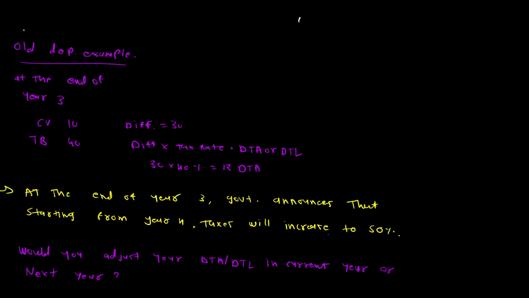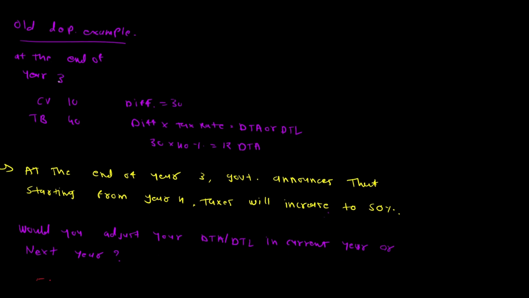The old depreciation example: at the end of year 3, my carrying value in the accounts book is 10 and the tax base is 40. The difference is 30. So 30 into the tax rate, I will get the DTA. So 12 is my DTA at year 3.